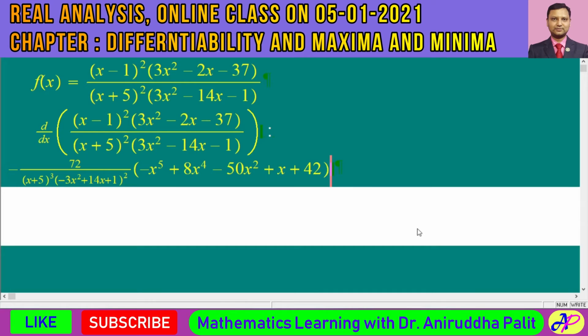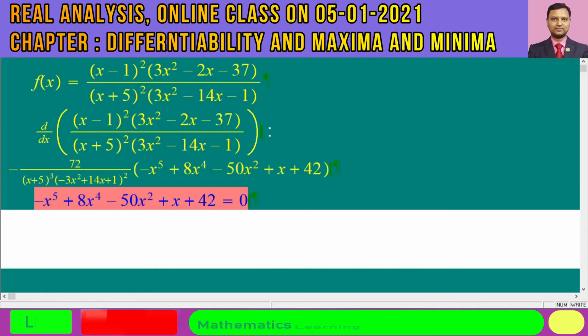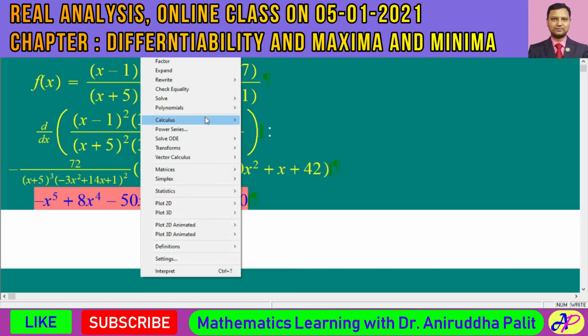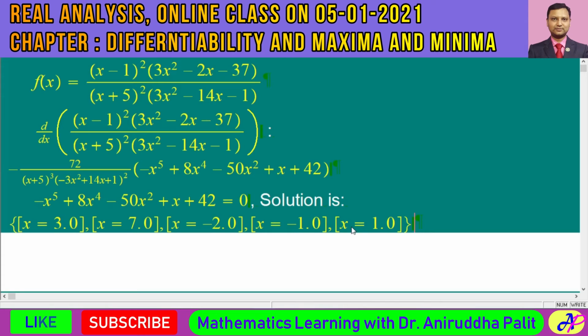Over here, suppose we want to find the roots of this equation. These are the roots.